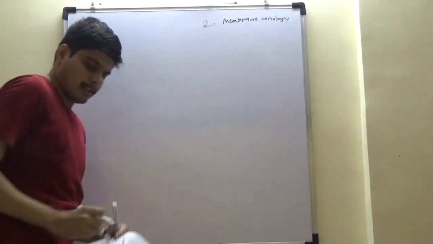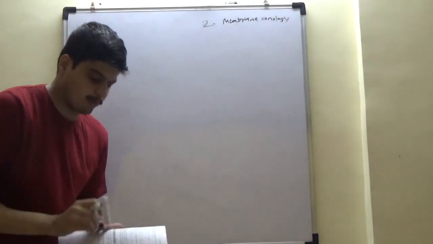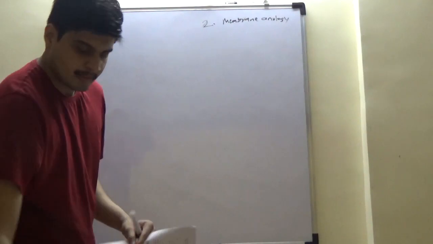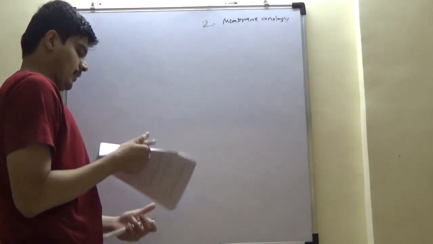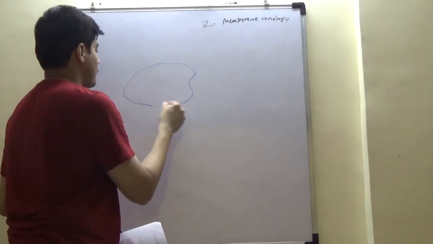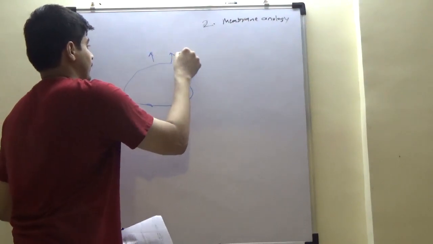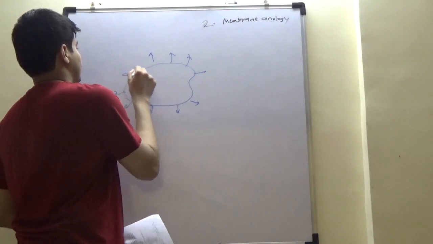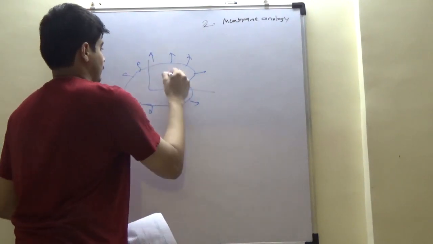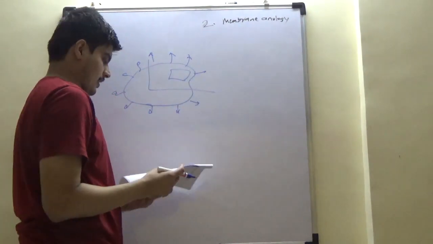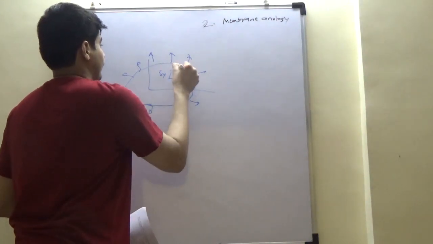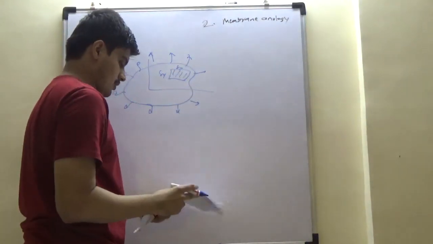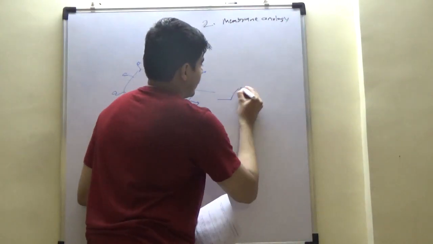Now, for the membrane analogy, we have to think about a membrane. Imagine this is a membrane, and this is a small section of it, the subsection that you are looking at.